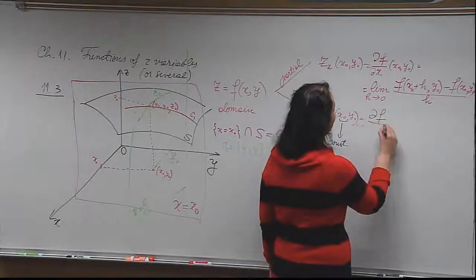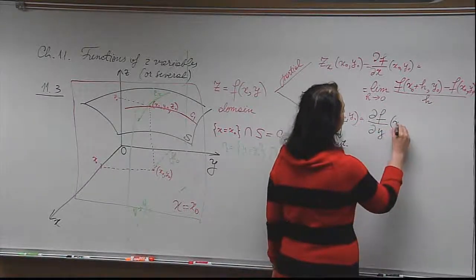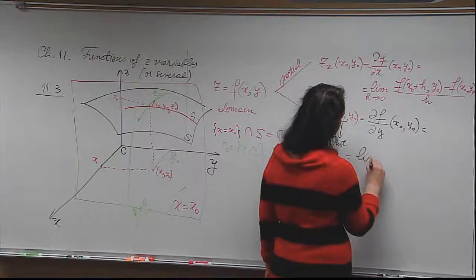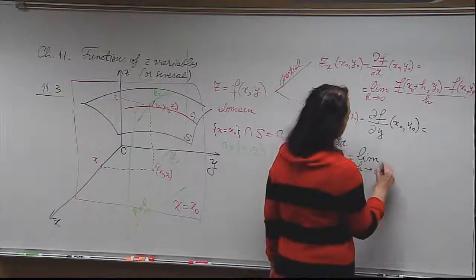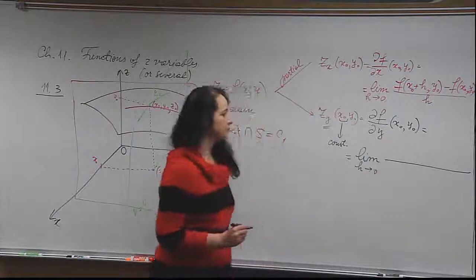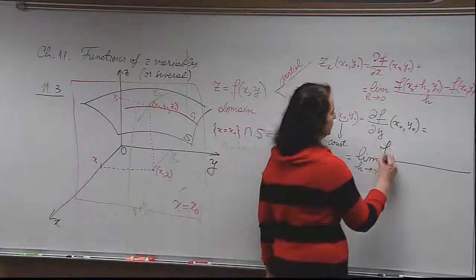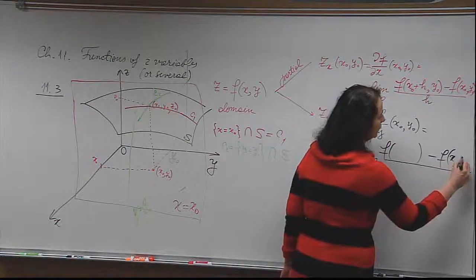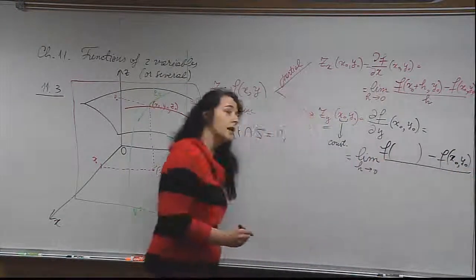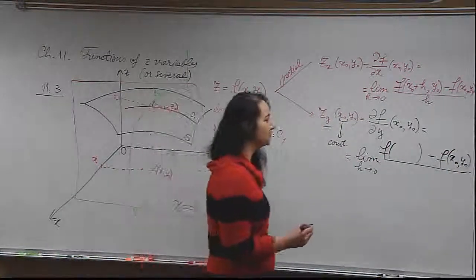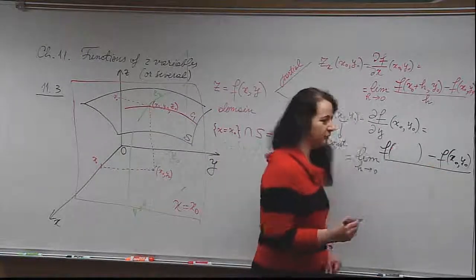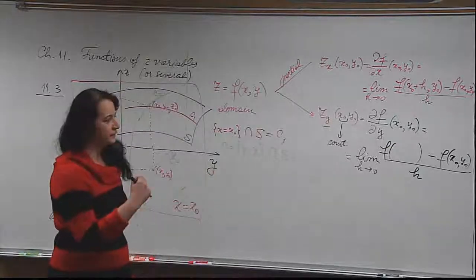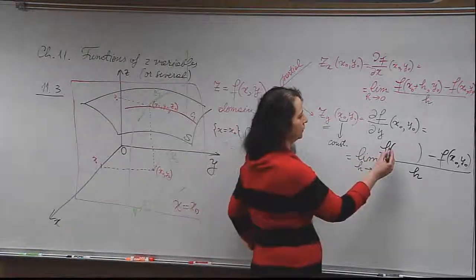Hopefully I might manage. df dy at x0, y0 equals the limit as h goes to 0 of, let's see, f of, now who is telling me what we have? Of course, x and y. It's f of x0, y0, there, constant, waiting for its turn. h is your parameter, and then you have what?